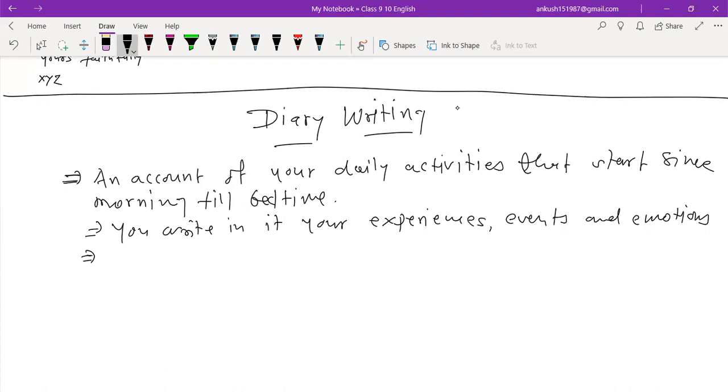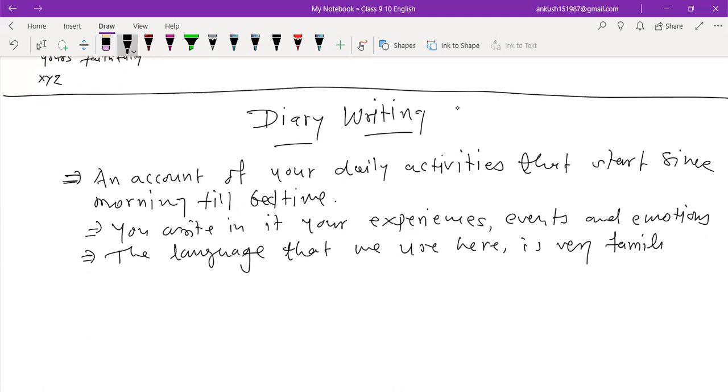Third thing, the language that we use over here will be general, very familiar as well as informal. Okay, it may be used over there, informal as well.